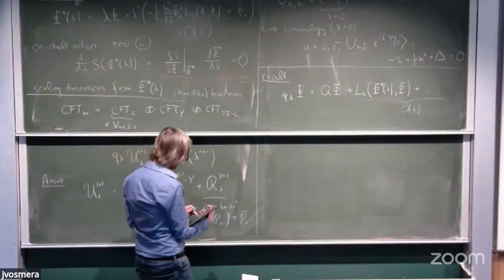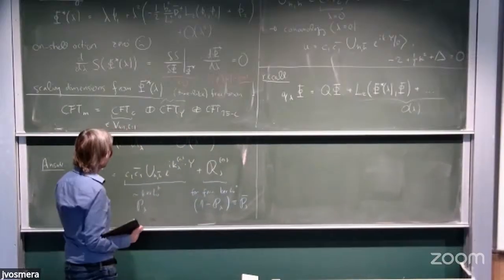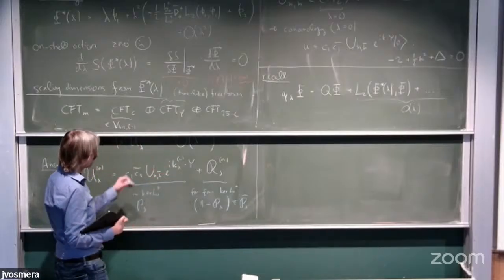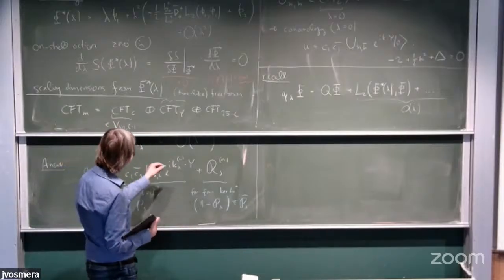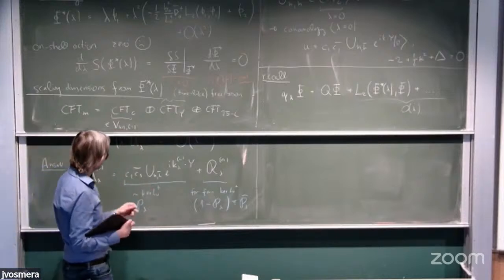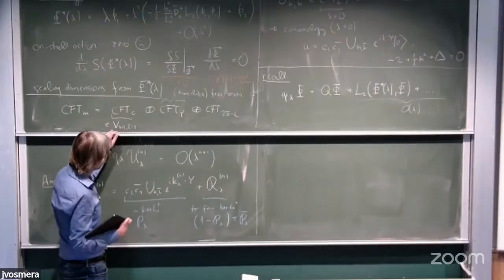So that means that whatever momentum gets turned on here is supposed to be turned on in precisely such a way as to compensate for the change of the dimension in the CFTC, right?